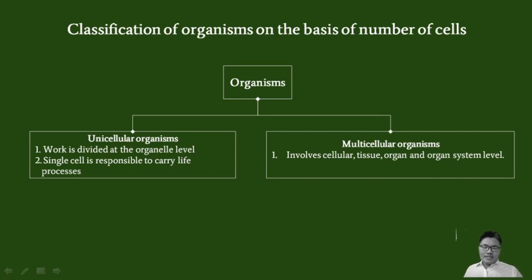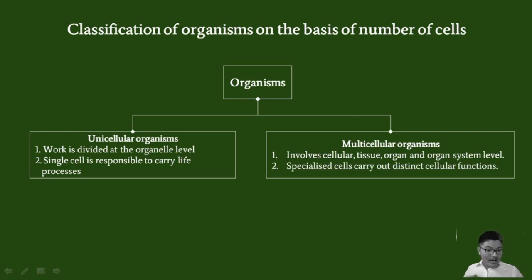So in a multicellular organism like us, we have different organs, and our body has lots of cells grouped together to form tissues, which group together to form organs having specific functions. Later on we have many organ systems, whether it be respiratory system, excretory system, digestive system, and so on.